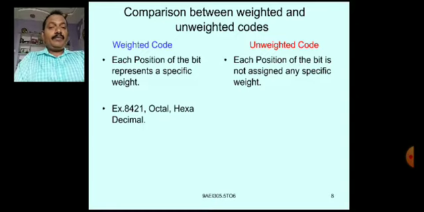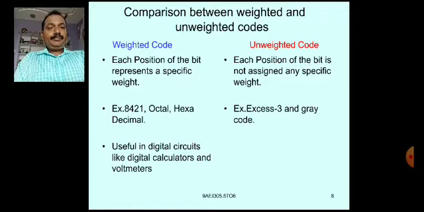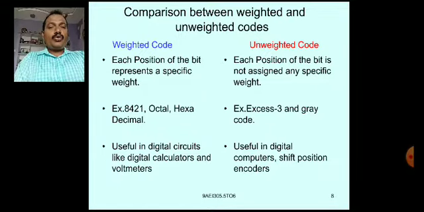Unweighted codes: XS-3 and gray code. Weighted codes are useful in digital circuits like digital calculators, digital voltmeters and digital systems. Unweighted codes are useful in digital computers and shaft position encoders.